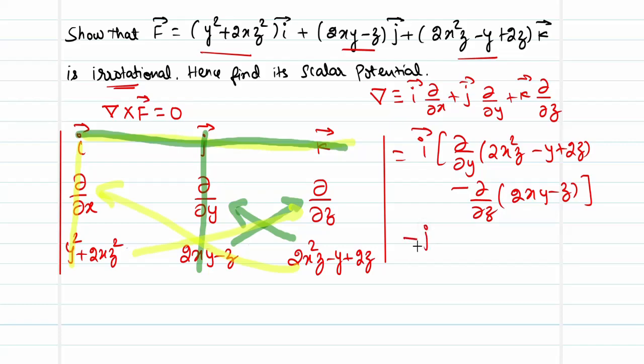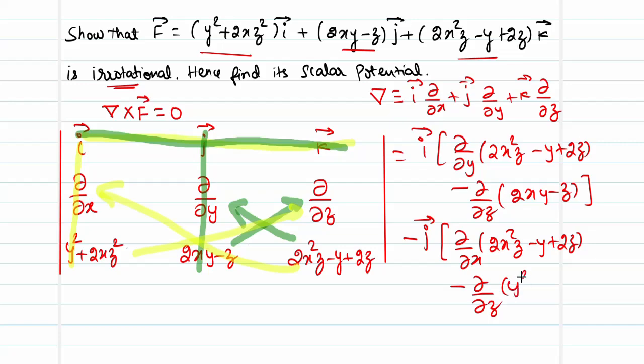Second component always takes a negative sign, be careful about it: minus j times ∂/∂x of (2x²z − y + 2z) minus ∂/∂z of (y² + 2xz²). So we are now done with the j part.